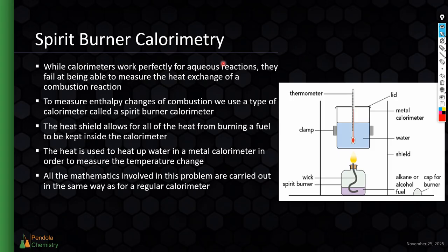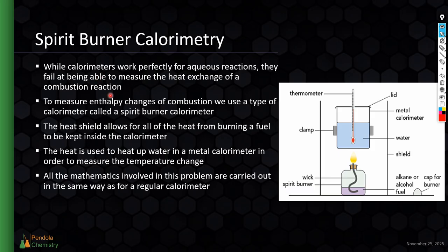Now, while calorimetries work perfectly for aqueous reactions or for reactions that dissolve something in water, any reaction that has extreme heat, like a combustion reaction, would not work with a spirit burner calorimeter because that styrofoam will melt under extreme heat. So, for example, if we wanted to look at the amount of energy given off by burning methane or by burning ethanol, we wouldn't be able to use the calorimetry we just discussed.